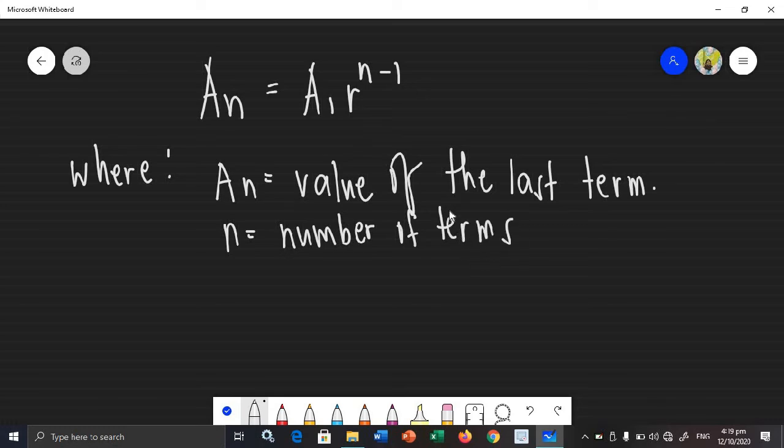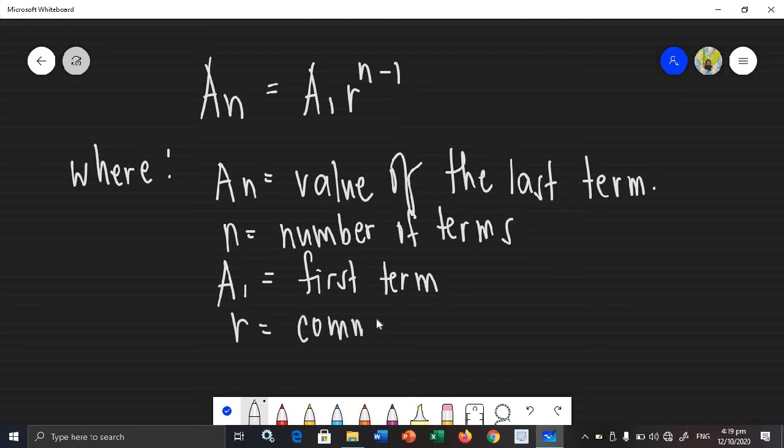Earlier, n was the term we were looking for, right? Now, n will be the number of terms in the sequence. A sub 1 does not change. It is still the first term in the sequence. Same with r, because r is your common ratio. So, you need to remember that even though we are using the same formula, the purpose of the terms in the formula will change.